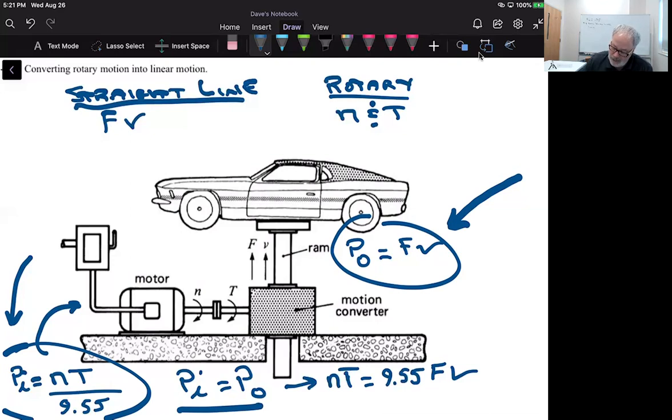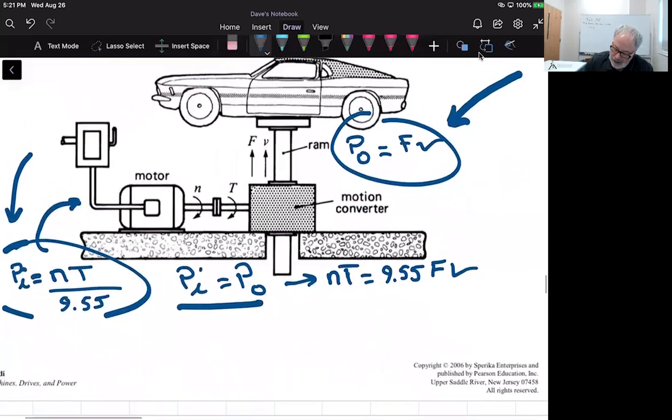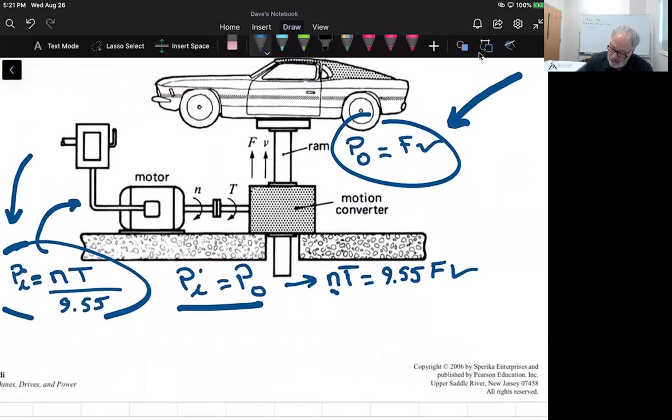Now, basically what he did was take our power of a motor and set it equal to the situation with the vertical ram, which gets rid of the 9.55 in the denominator.